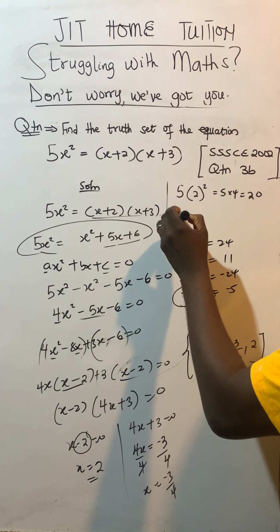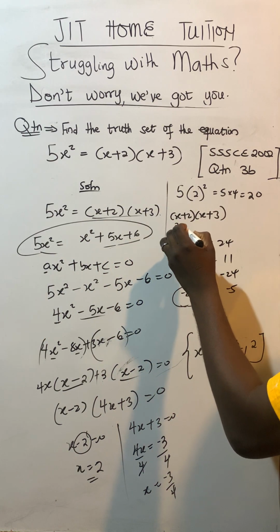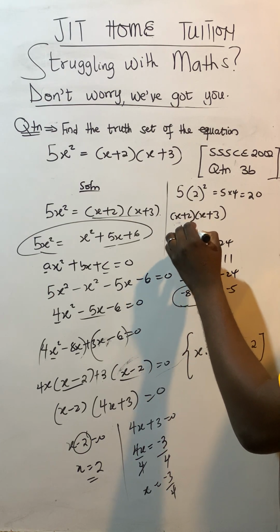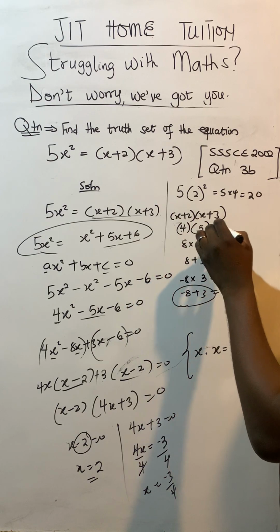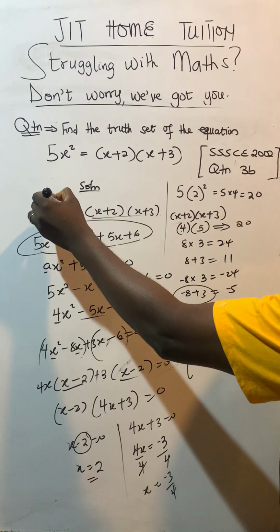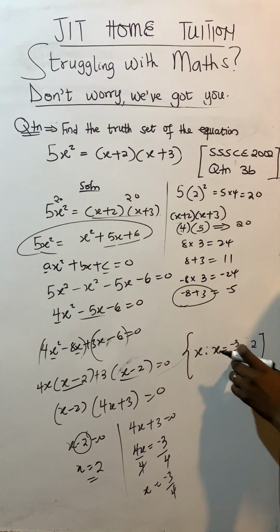Now let's look at x plus 2 multiplying x plus 3. Here x is 2, so that is 4, and here you have 5. This times this gives you 20. So realize that this side gives you 20, and this side also gives you 20. Then you test for this one also.